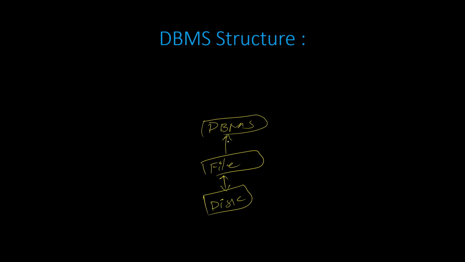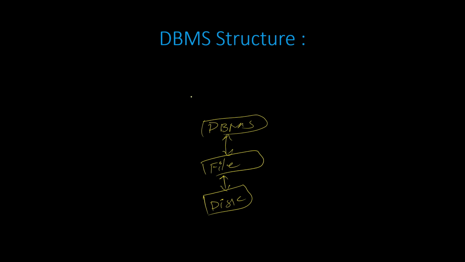Now, let's see the structure of database management system. Consider a secondary storage or disk storage. The disk storage is connected to the file system, and the file system is connected to the database management system (DBMS). So, here the file system and database management system are connected to each other.